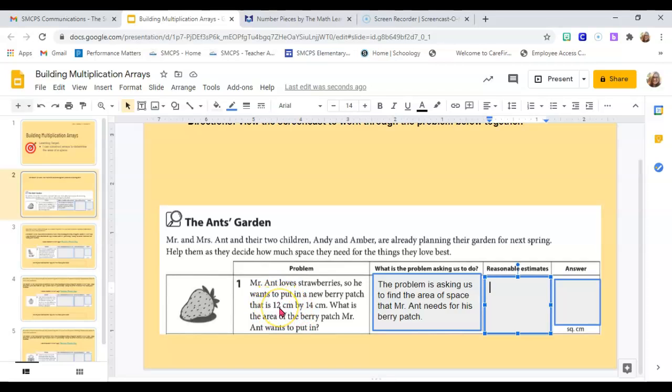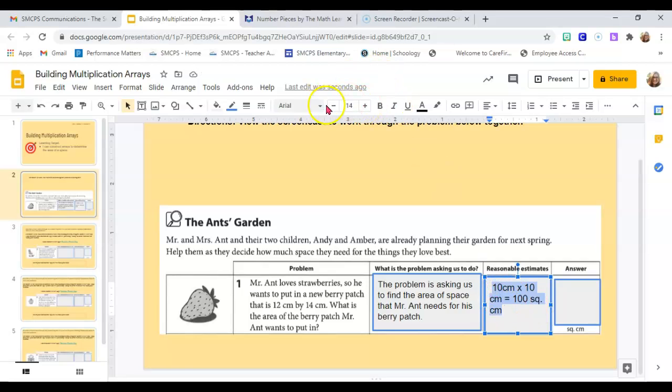This 2 is less than 5, so I'm going to round 12 down to 10. And same with 14. This 4 is less than 5, so I'm going to round it down to 10. So a reasonable estimate would be 10 centimeters times 10 centimeters equals 100 squared centimeters.